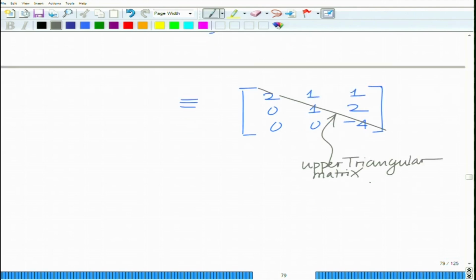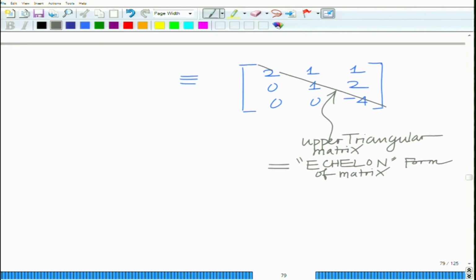This is termed as the echelon form of the matrix, and these are the pivots.